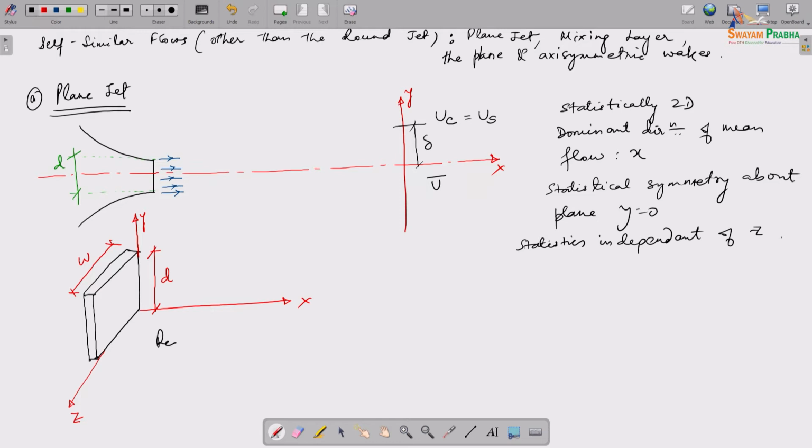Okay. So in the sense that when we say that statistically 2D, dominant direction of mean flow is X, statistical symmetry about plane y is equal to 0, statistics independent of z.